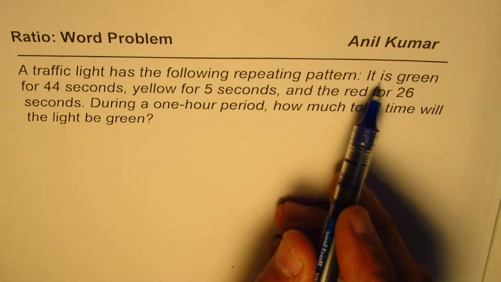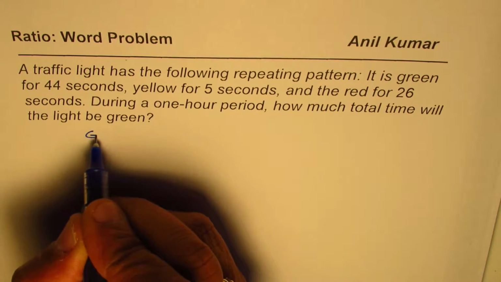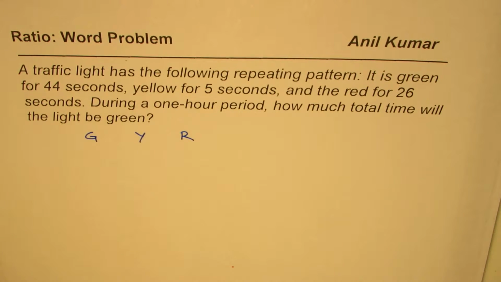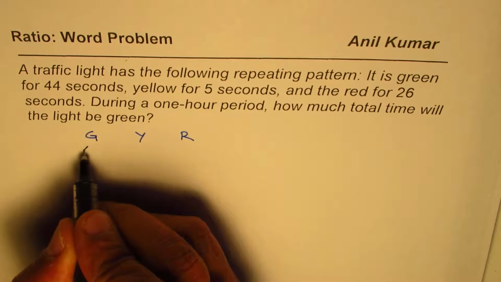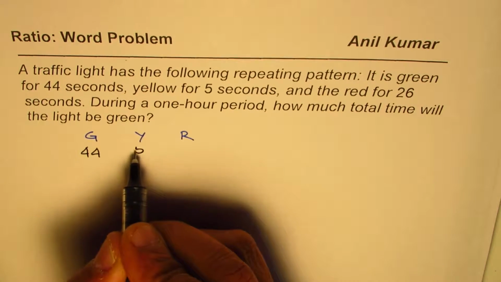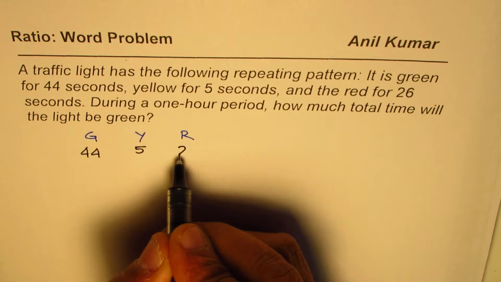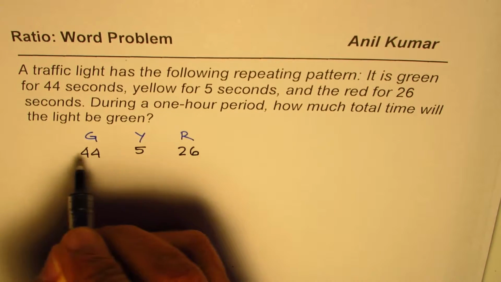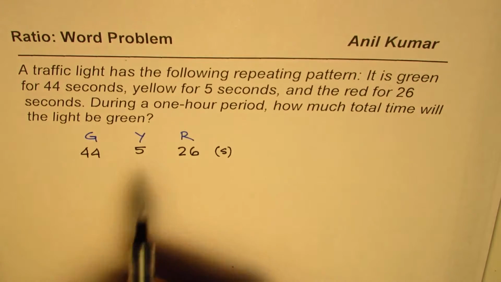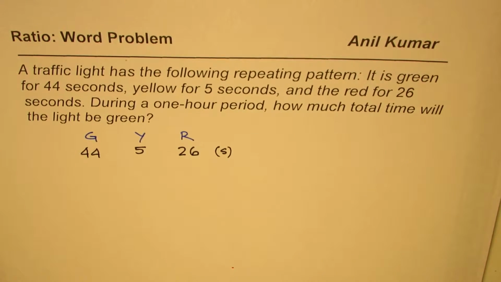We know the light pattern is green, and then it's yellow and red. It is green for 44 seconds, yellow for 5 seconds, and red for 26 seconds. So all this is in seconds. If I add them all, how many seconds do I get?